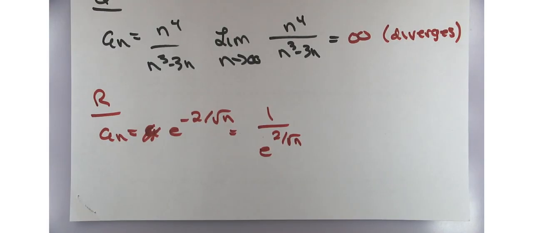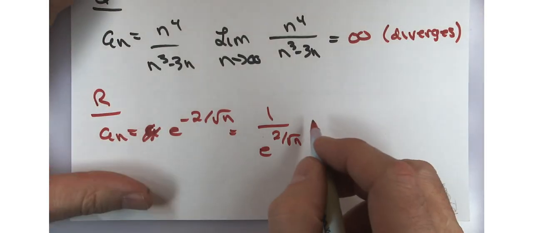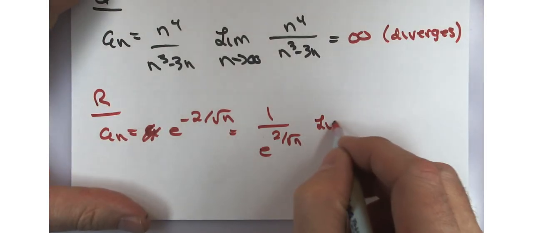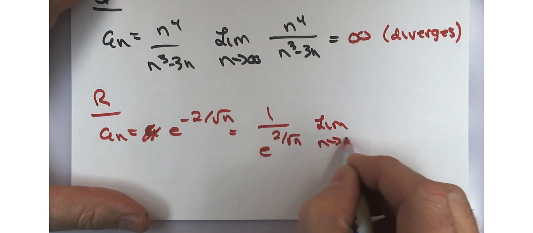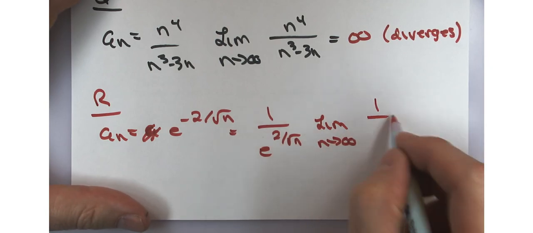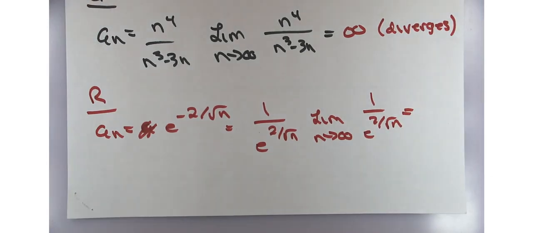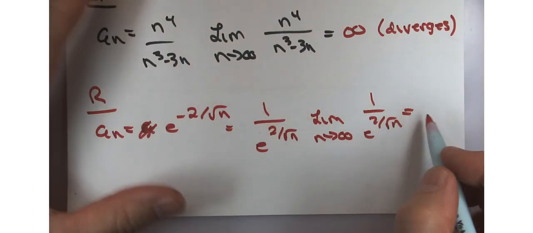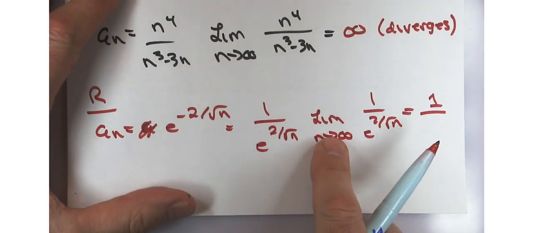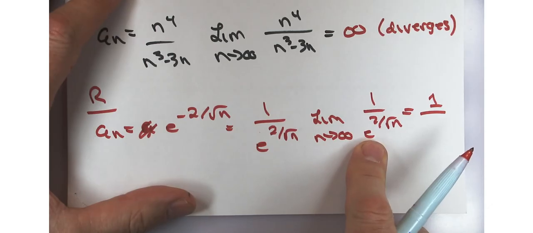If we take a look at the limit as n approaches infinity of 1 over e to the 2 over square root of n, well, the numerator is going to stay 1. Let's take the limit of the denominator. E is going to stay the same.